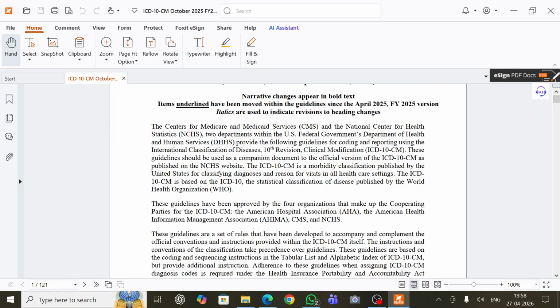Third is the Centers for Medicare and Medicaid Services, CMS. Fourth is NCHS, the National Center for Health Statistics. All these departments within the US federal government approved and created the ICD-10-CM guidelines, as well as the codes published by the World Health Organization.